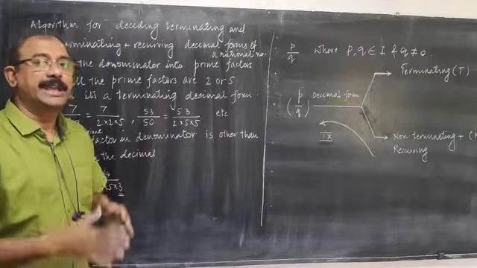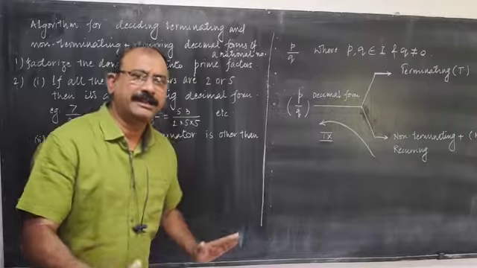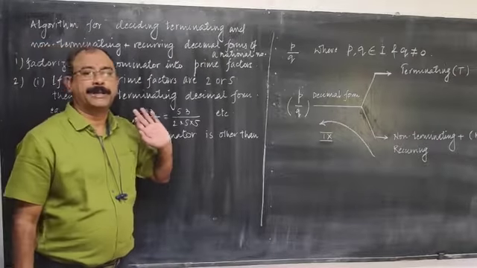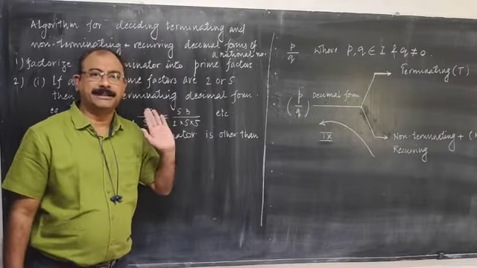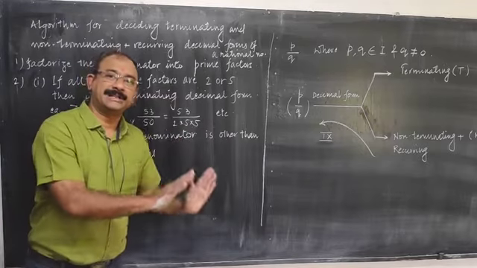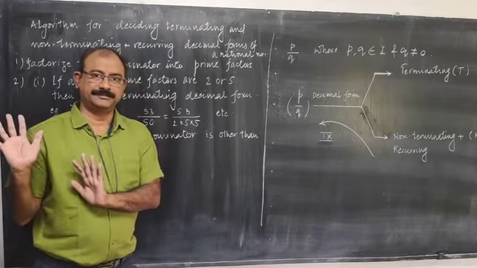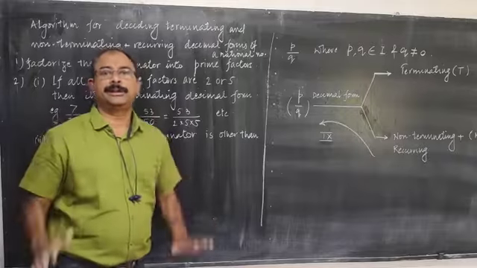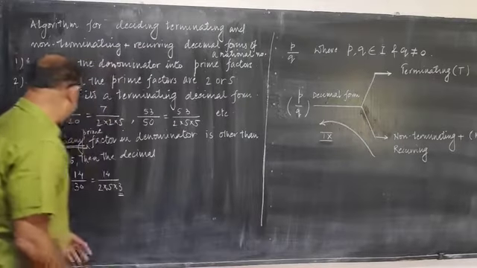What is the next step? If any prime factor in the denominator is other than 2 and 5, then it will have non-terminating decimal form. Again an example I have written.